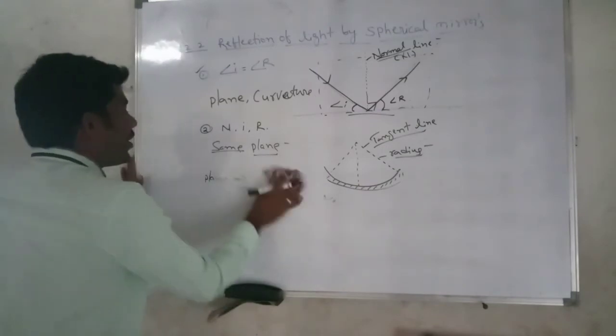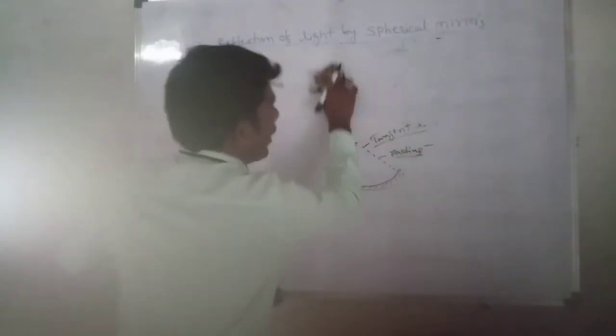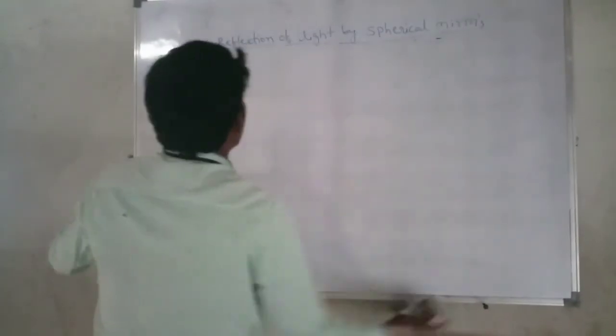Next we go to the mirror formula or lens formula, and for this you are learning about sign convention.